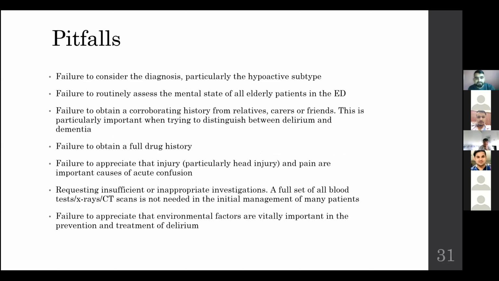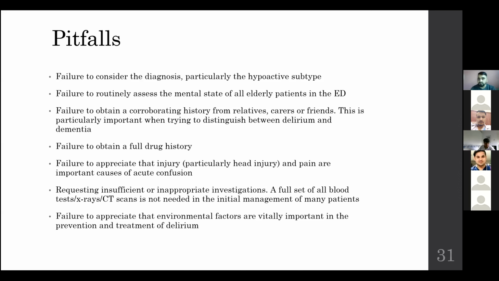So these are some pitfalls present in the management of delirium. Some pitfalls are failure to consider the diagnosis, particularly of the hypoactive subtype. We should always look for hypoactive delirium in a patient, and failure to routinely assess the mental state of the elderly patient.